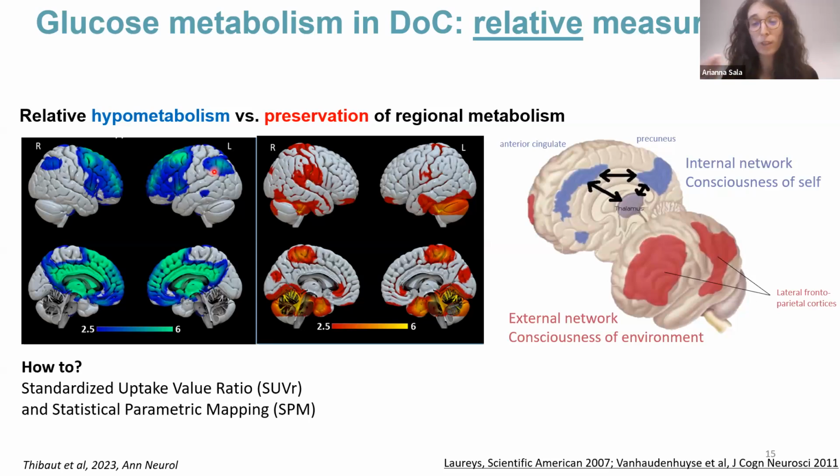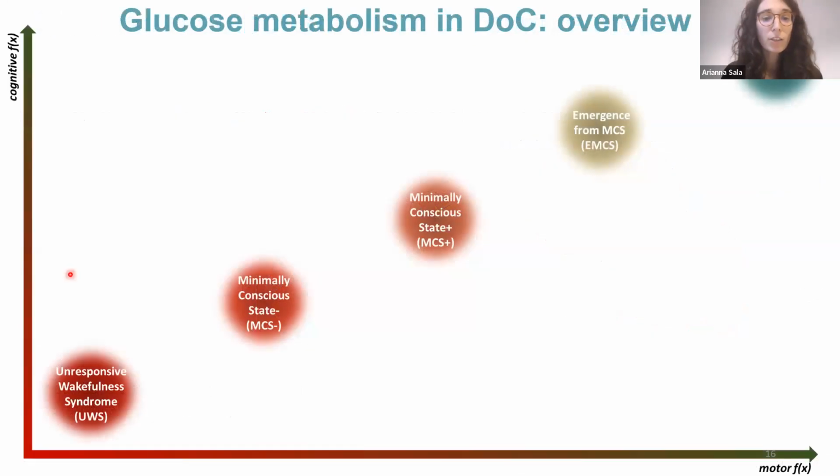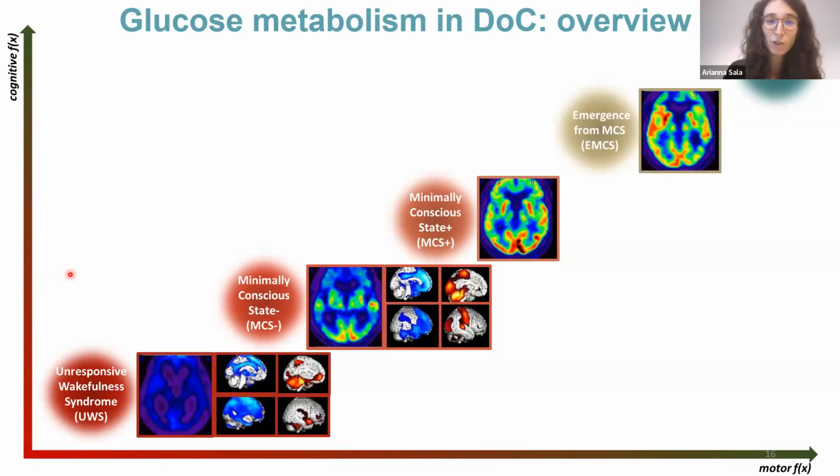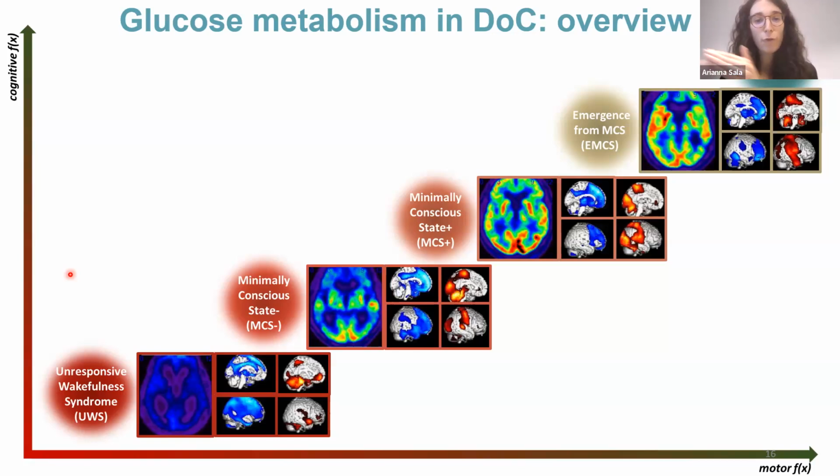It has also been shown that subcortical regions like the thalamus and the caudate nucleus are relevant for disorders of consciousness. So overall, we could say that we have a good match between the level of consciousness and the level of glucose metabolism alterations in the different groups of patients, both at the level of absolute global metabolism.